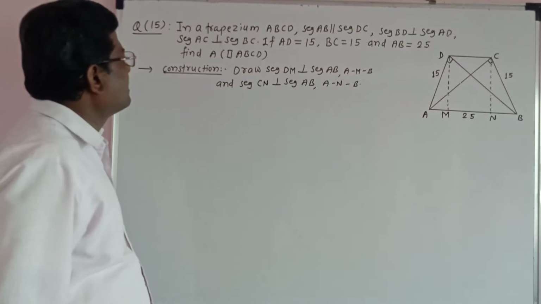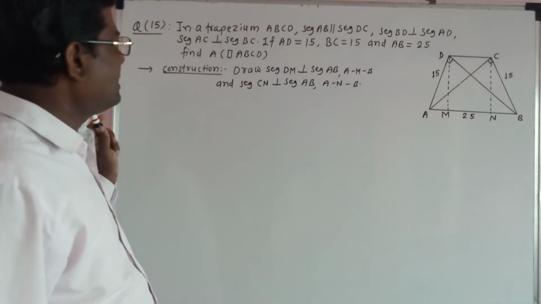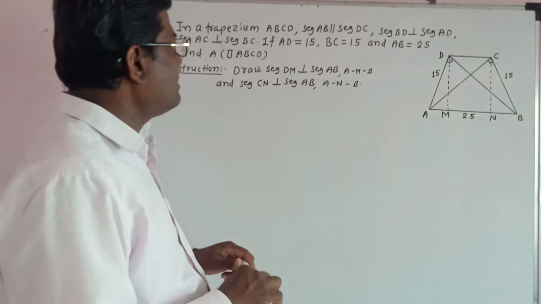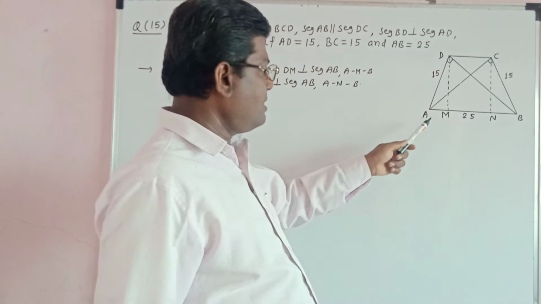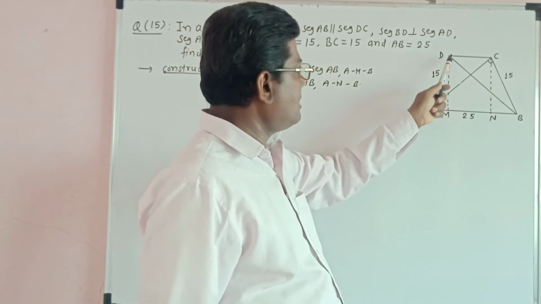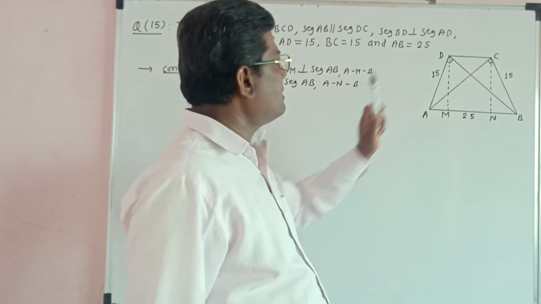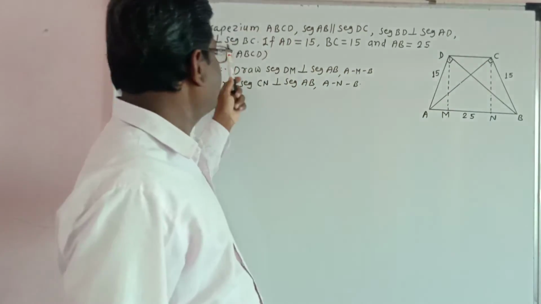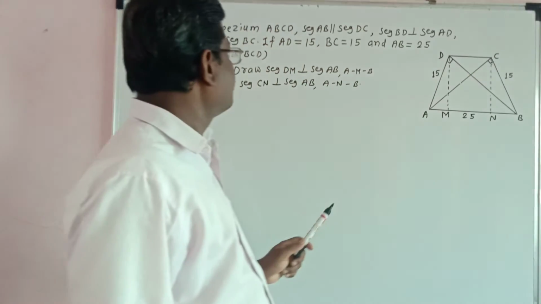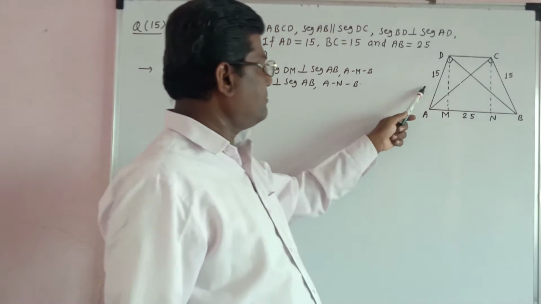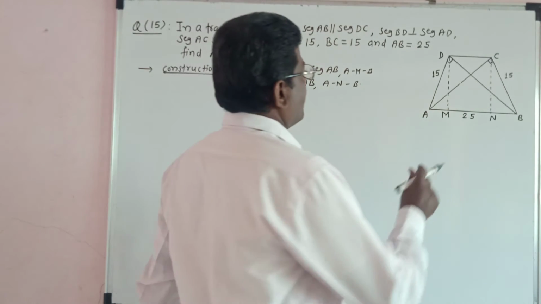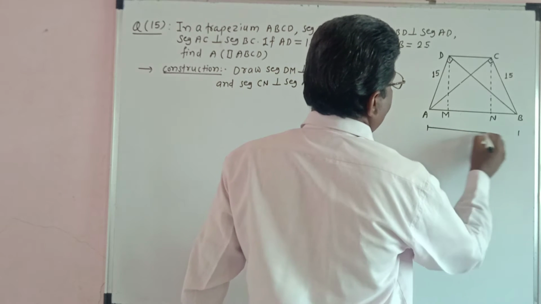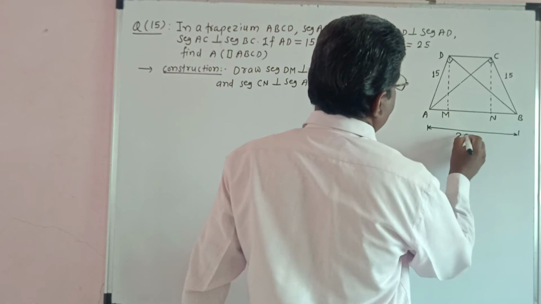Example number 15. In trapezium ABCD, segment AB parallel to segment DC, segment BD perpendicular to segment AD, segment AC perpendicular to segment BC. AD is equal to 15, BC is equal to 15, and AB is equal to 25.